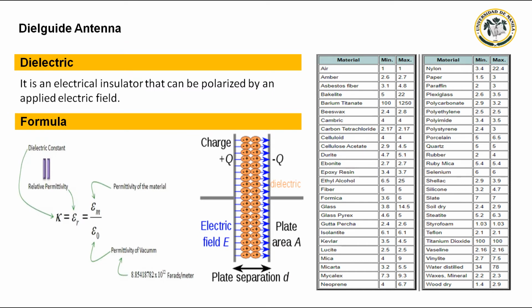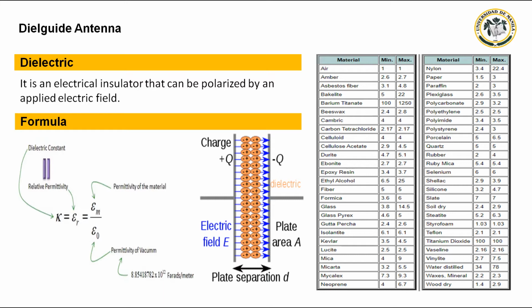Here is the formula for the dielectric constant, where K stands for the dielectric constant, equal to ε_r, the relative permittivity, equal to ε_m, the permittivity of the material, over ε_0, the permittivity of a vacuum, which is a constant equal to 8.85418782 times 10 raised to negative 12 farads per meter. As you can see in the image on the right, this is the equivalent value for the permittivity of the material.